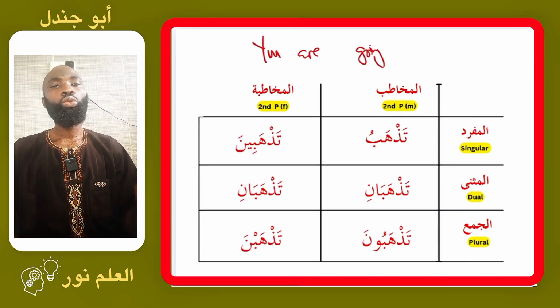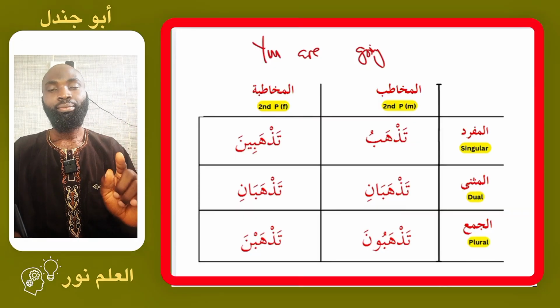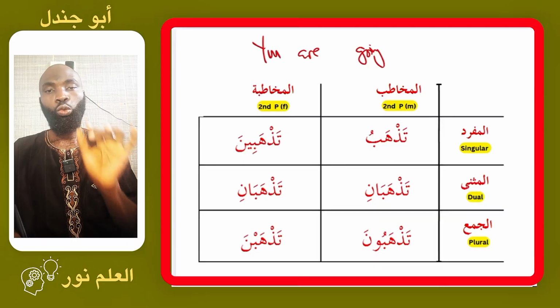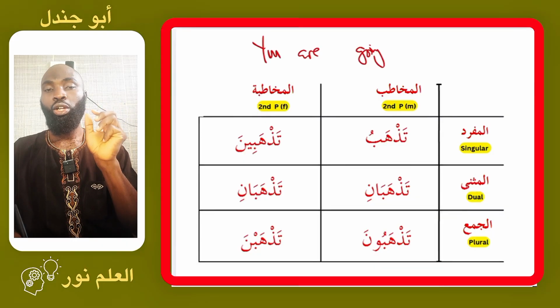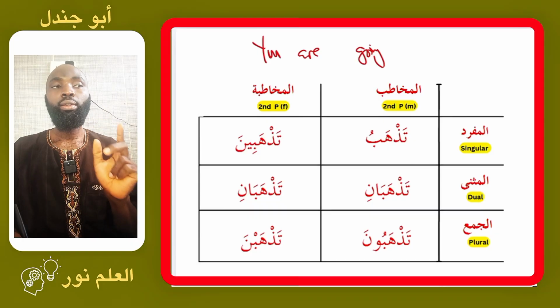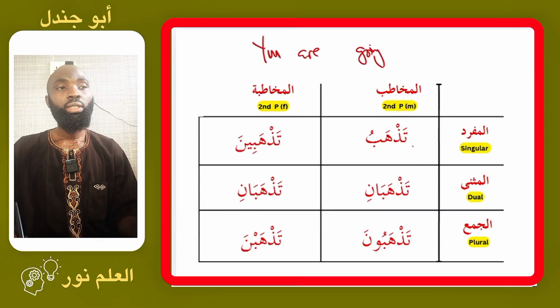Now, how we are able to form the command tense verb is that the one that does not end with noon, it doesn't end with ya and noon, alif and noon, or even waw and noon, you will simply change it to what? Idhab. So the ba will now take sukun, while the ta is replaced with hamza.